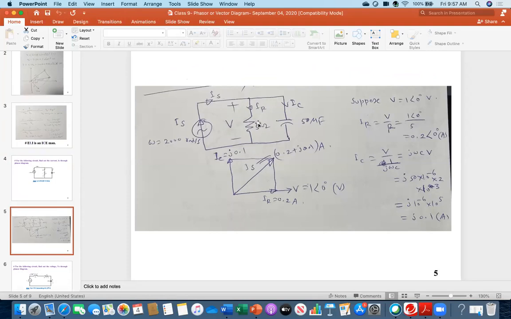And then I have to plot the currents, because the question was, what was the current here? So everybody answer me, where will the current go? IR current, this is resistance. Is it going on this line, or upward or downward? It will be on the same line, because we know that in the case of resistance, voltage and current are in the same phase.